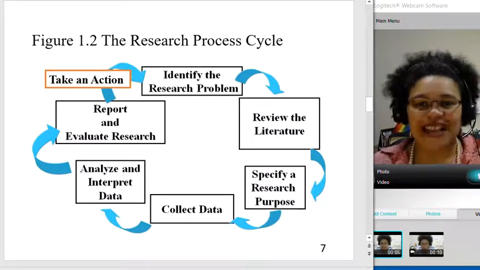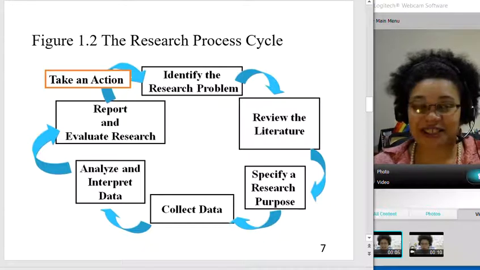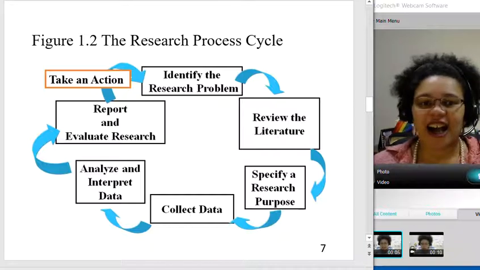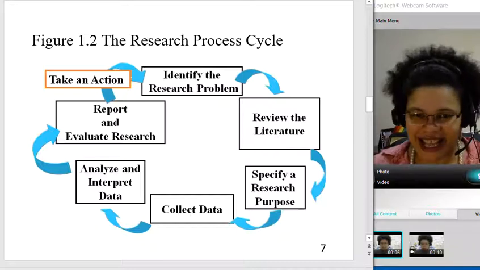The research process cycle. Okay, so basically, Sid goes through three steps, right? Sid the Science Kid asks a question, collects data, and says, "Oh, okay, so the answer to my question is X." We're going to talk about a process that has a few more steps than that.